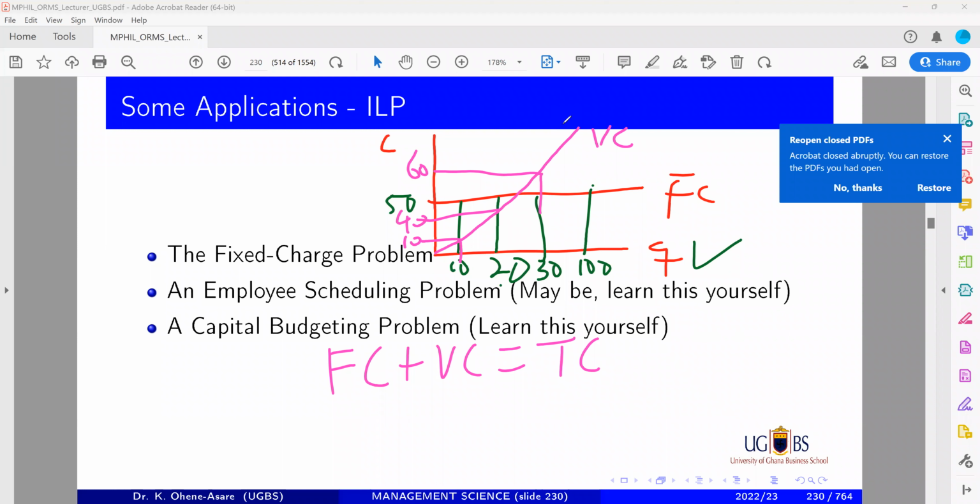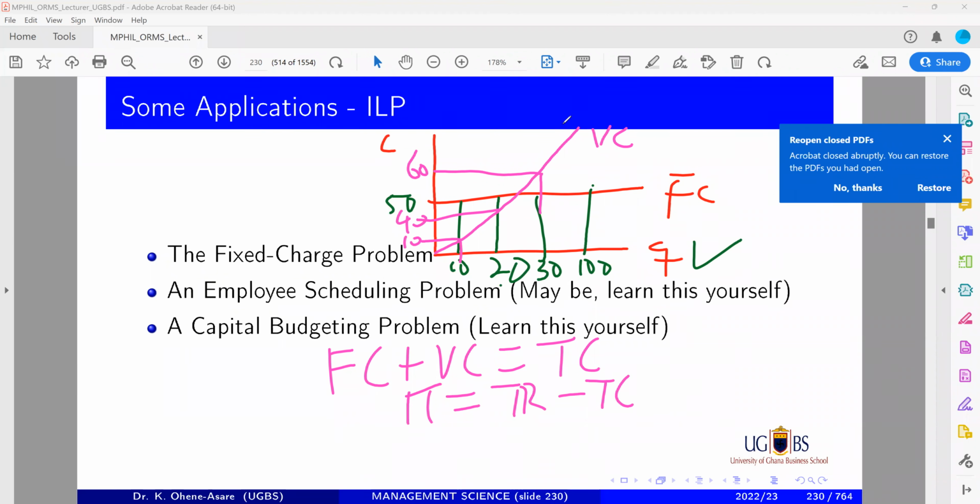If you have your total cost, how do you find your profit? Beauty. Profit, you can find it by taking the total cost from total revenue. Perfect. Excellent. So your profit is given by your total revenue minus your total cost.